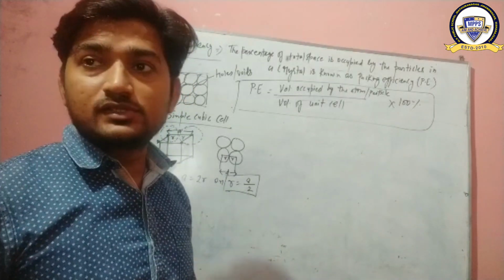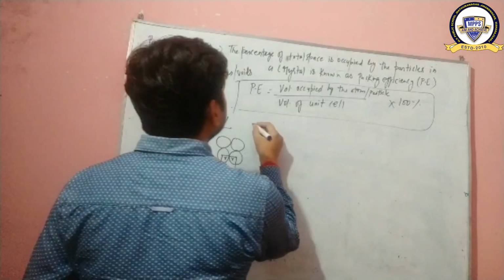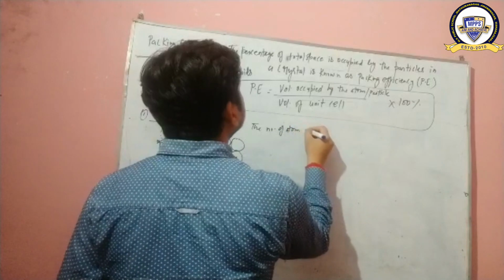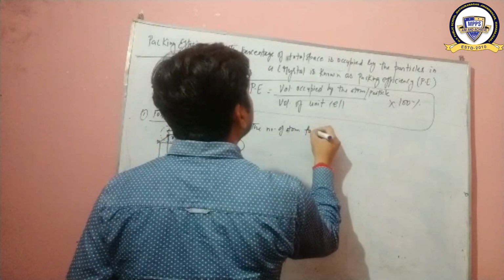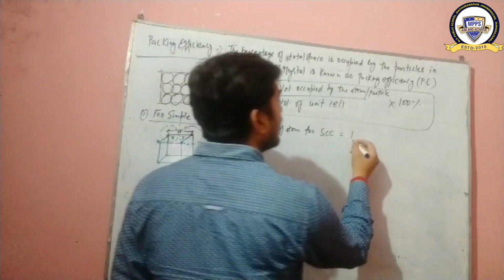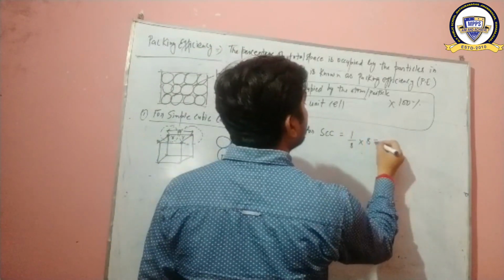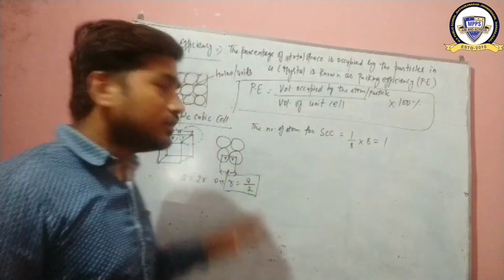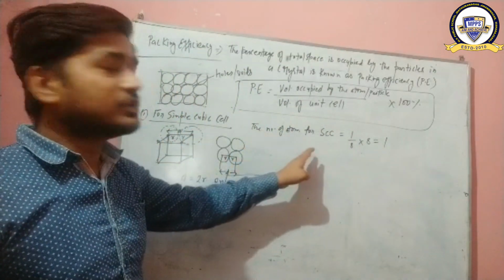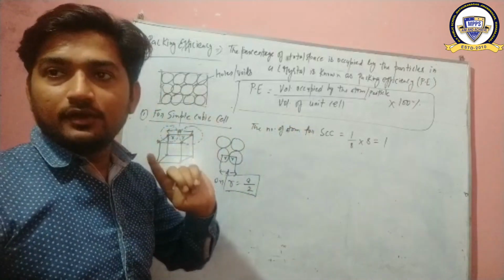But when we consider the number of atoms, the number of atoms for SCC is equal to 1. You know how: 8 corners, and the sharing would be 1 by 8 each. So the number of atoms present in a simple cubic cell is 1.